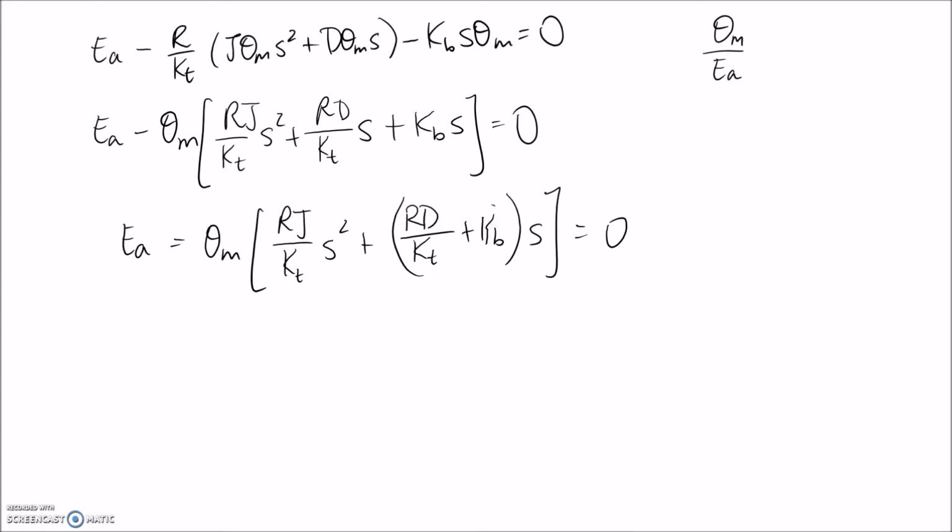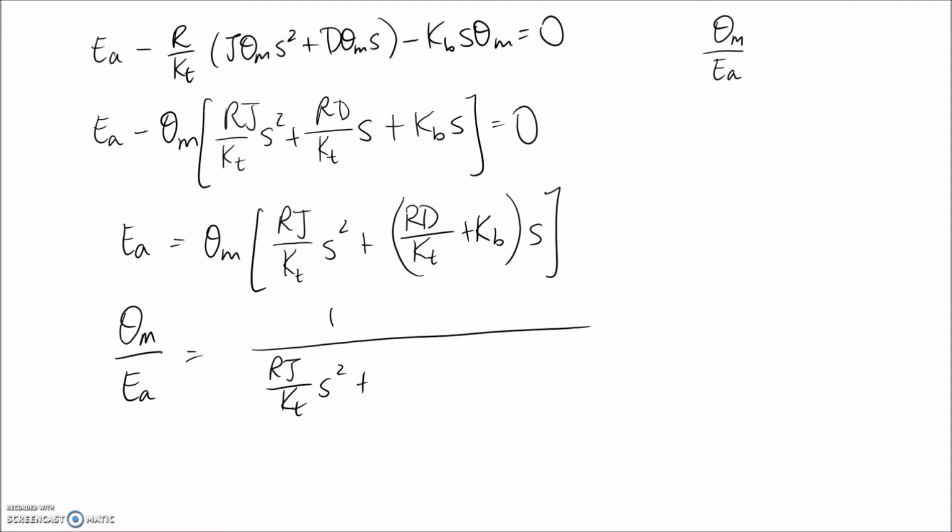Oh my gosh, that was meant to be a K. Alright, so not equals 0 on the end either. So all I've done is I've taken all of this to the other side of the equation, and at the same time I've put the two s terms together. So I should now be able to rearrange this for theta m on EA. And that's what I end up with.